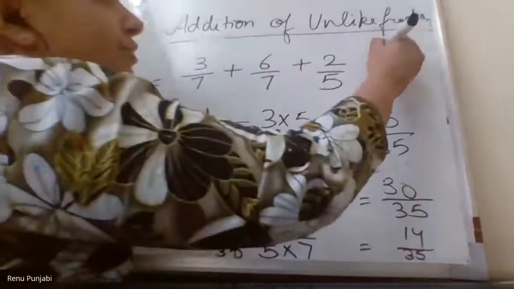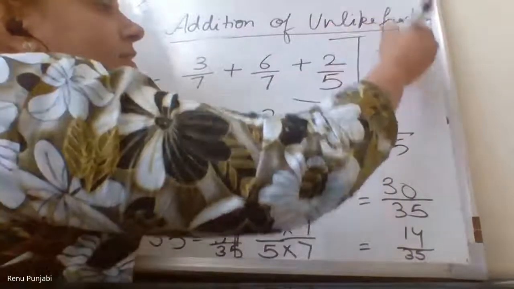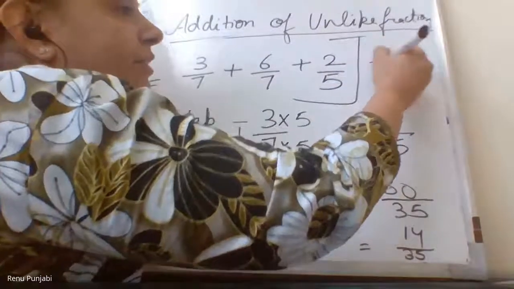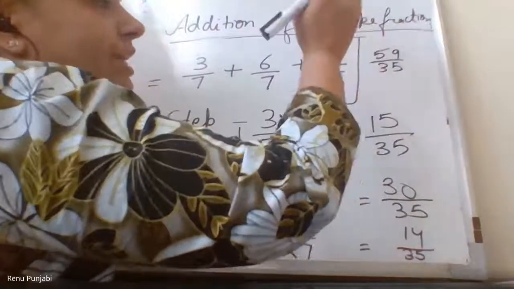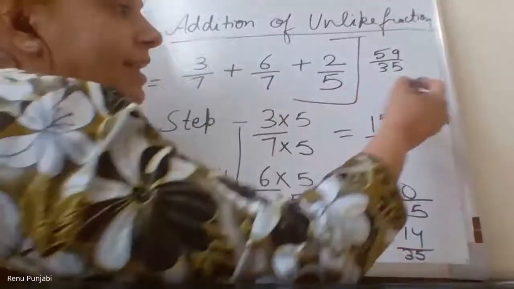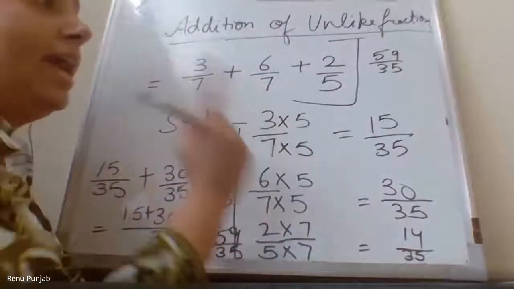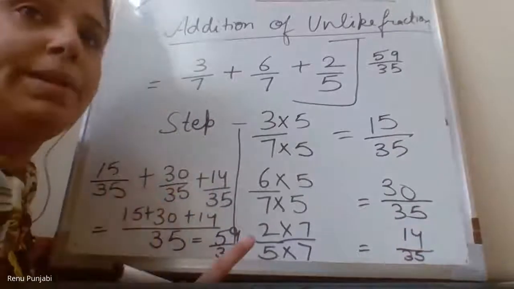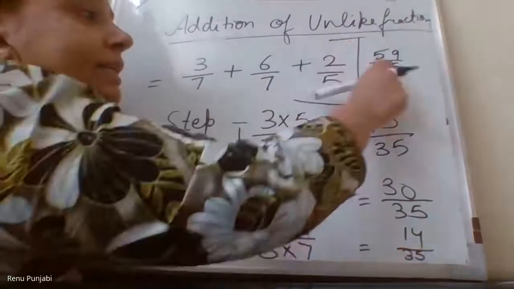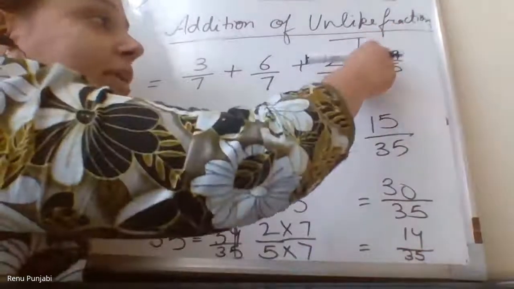Because see, it was 59 upon 35. So we will divide it and write the answer. This is only applicable when the denominator is smaller than the numerator.